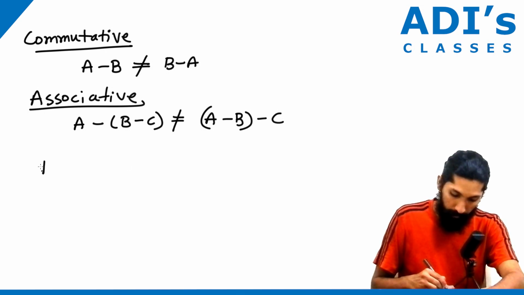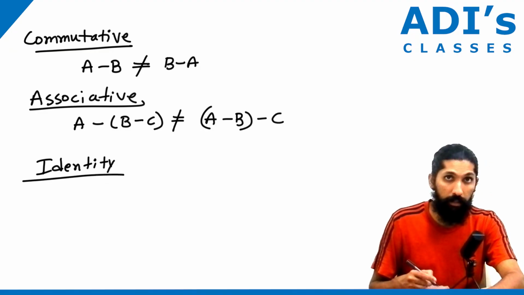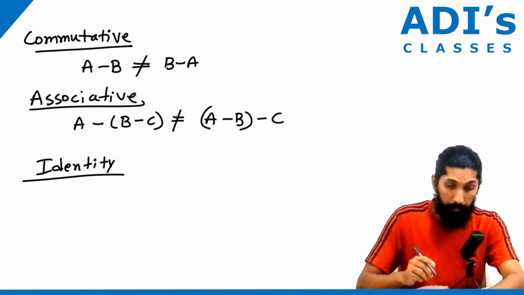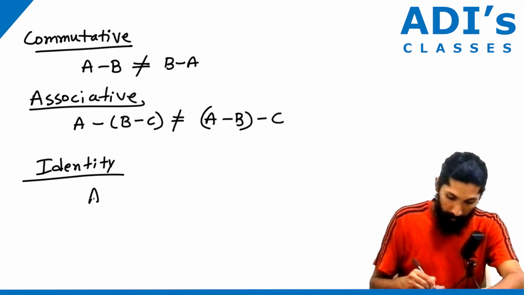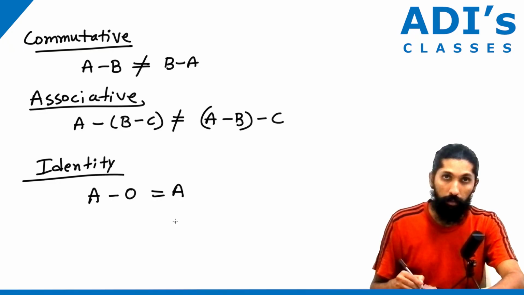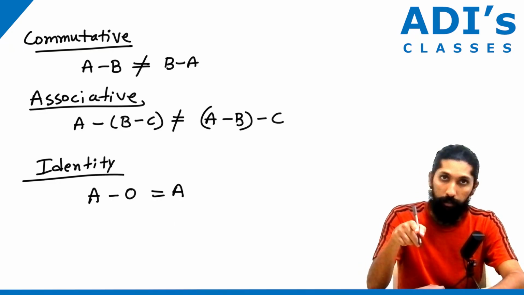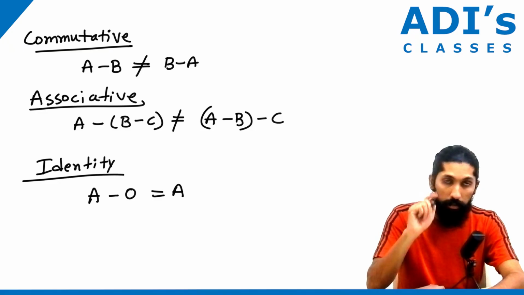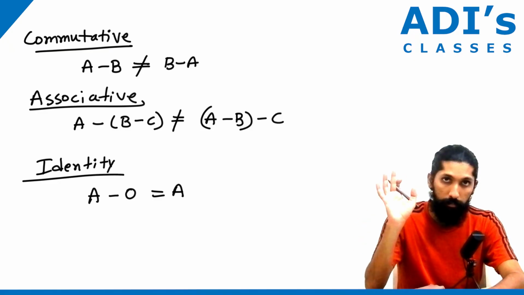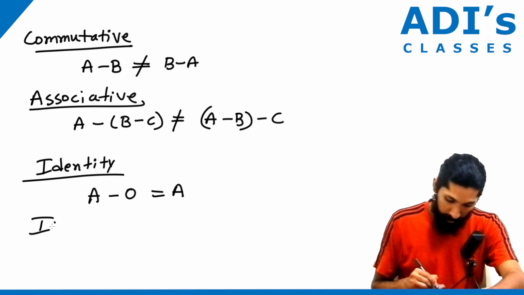Next is identity. There exists an identity, in that A minus 0 is equal to A. This is true, but unlike the additive identity, you cannot do the commutative part of it. Next is the inverse part.